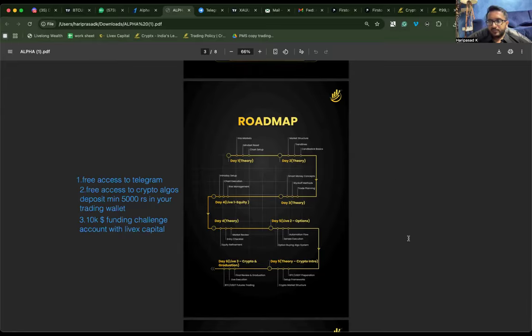The sessions are going to be like 1.5 to 2 hours every day. As I mentioned, it's going to be from 8 o'clock to 10 o'clock or 8 o'clock to 9:30 every day. But the live sessions are going to be during the market hours.